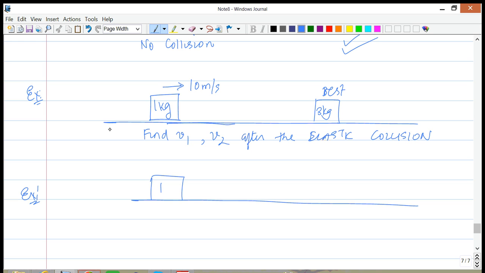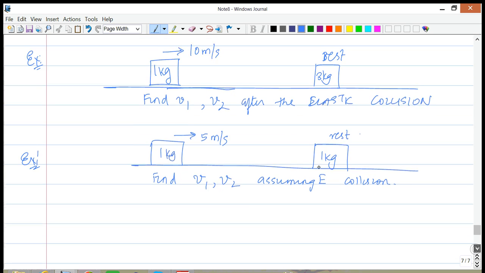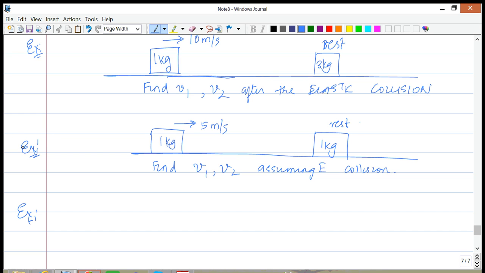You have a 1 kg block moving at, I think, 5 meters per second, and then a second 1 kg block that is at rest. Okay, same thing again. Find V1, V2 assuming elastic collision.